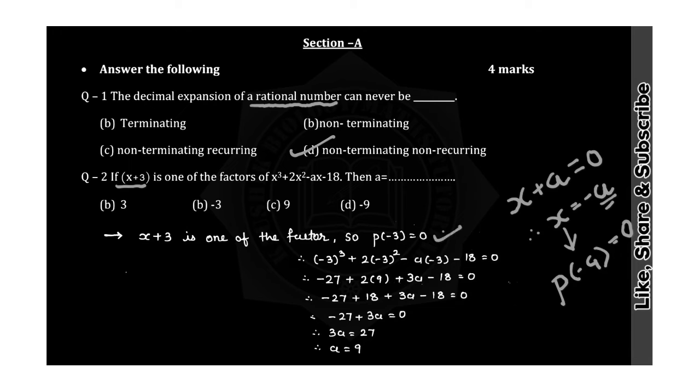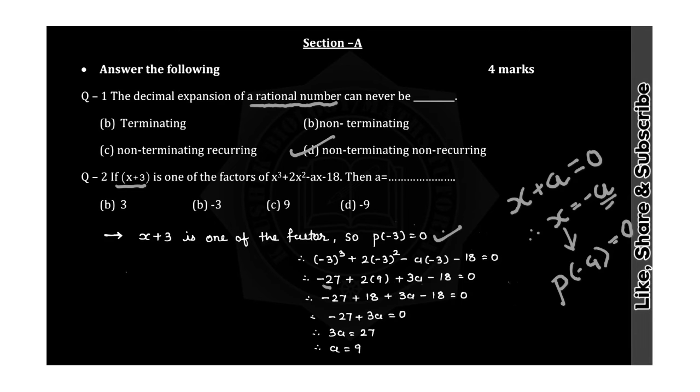Now substitute the value of x as minus 3. So minus 3 cube plus 2 into minus 3 square minus a into minus 3 minus 18 is equal to 0. Now the cube of minus 3 is minus 27, the square of minus 3 is 9, minus minus plus 3a, minus 18 is equal to 0.